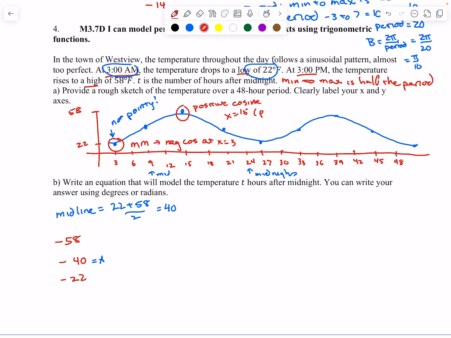That's the phase shift. The period was, so min to max, the period is 24 hours. Don't forget B is not 24. B is 2 pi over the period.